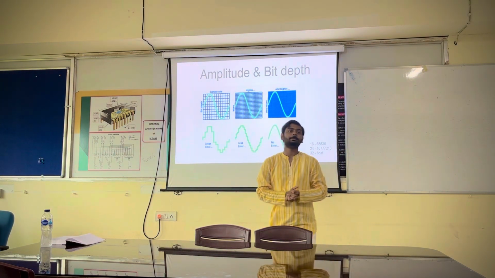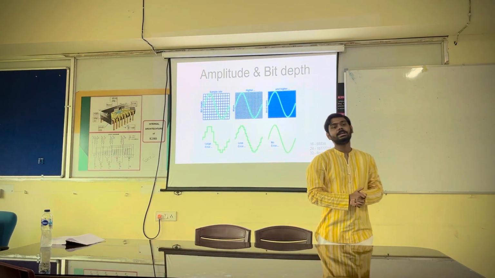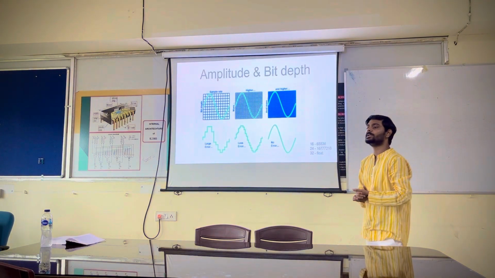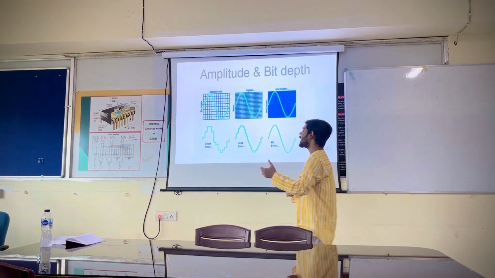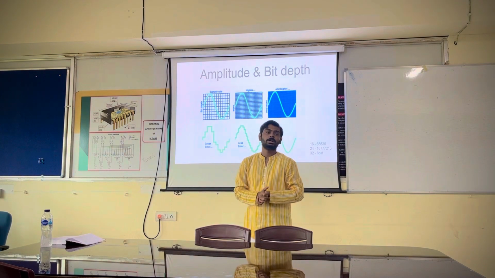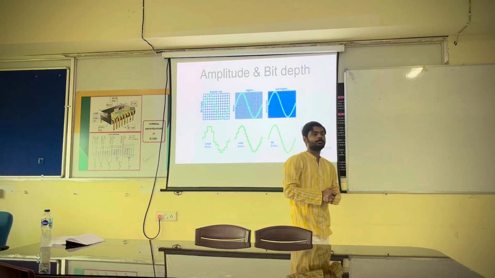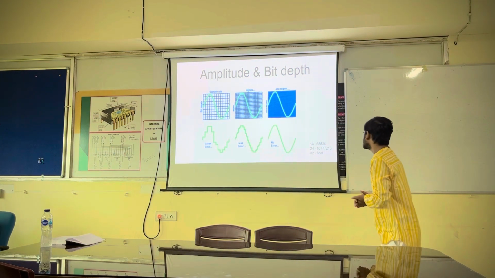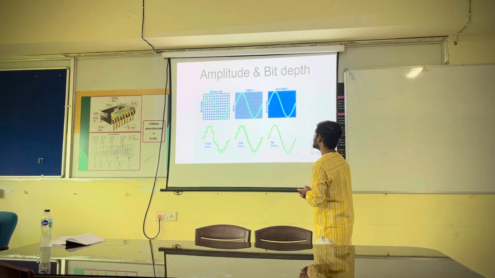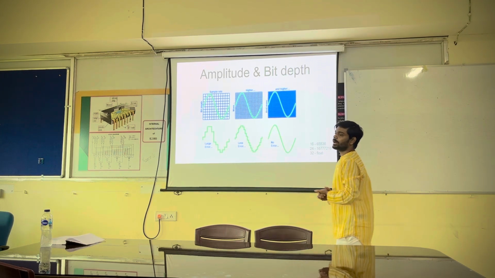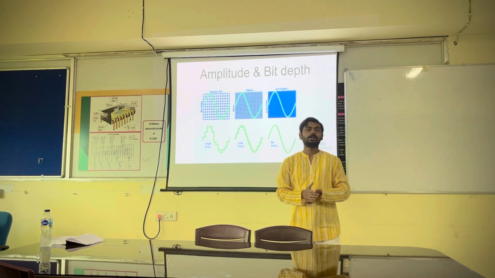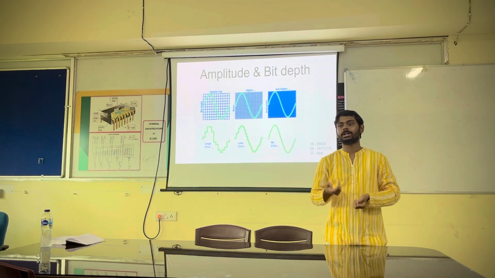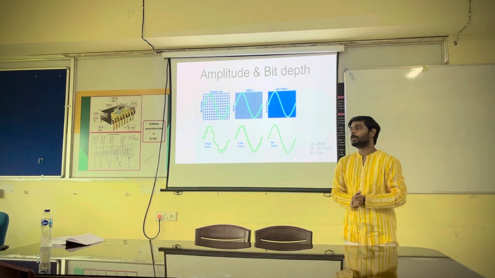And what's bit depth? Bit depth is basically the precision with which you can measure that amplitude. Suppose I take a bit depth of 16 bit. Ever heard of the words 16-bit audio, 32-bit audio? So what does that do?